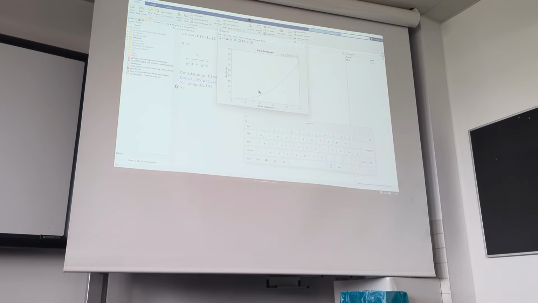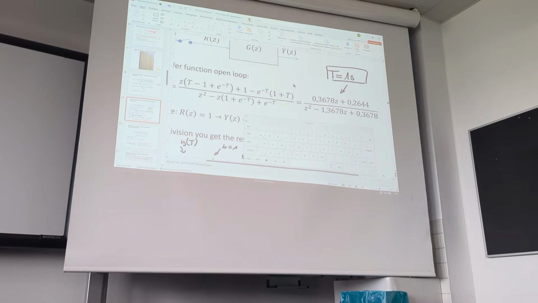But this is only the continuous representation. For us now, the discretization effect is of highest importance. So we can discretize this function now using the zero order hold block. So we can say, actually this was our GP. So if we have a look at the slides again.